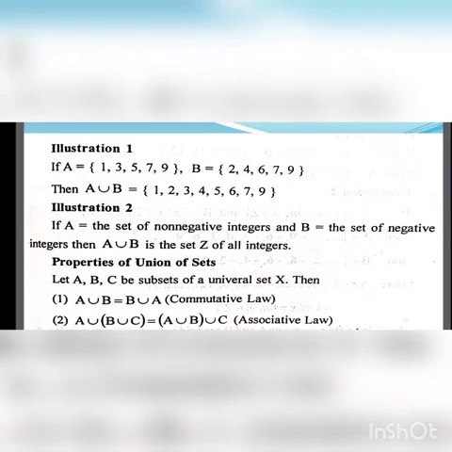If the set A equals 1, 3, 5, 7, 9 and the set B equals 2, 4, 6, 7, 9, then what will the set A union B be? By definition, A union B contains elements of A also and elements of B also.